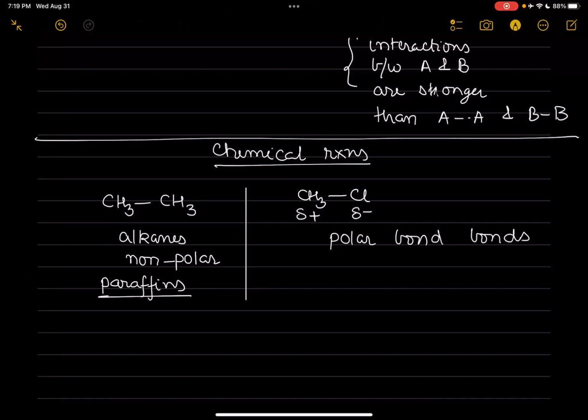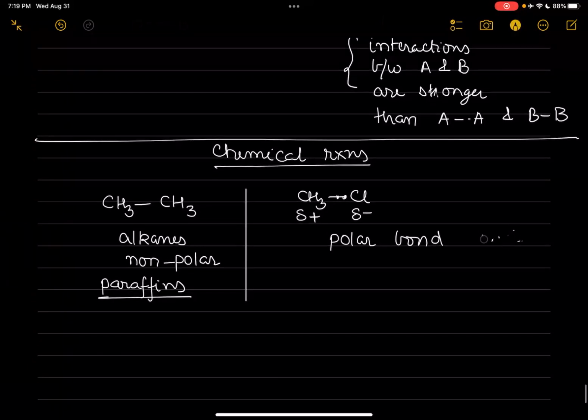Actually, if there is no charge, then it is very difficult to break the molecule. But if the electrons are already shifted to one side due to electronegativity difference, because polar bonds are there, then the electrons are not in the middle, they are already shifted to one side, though the bond is there.